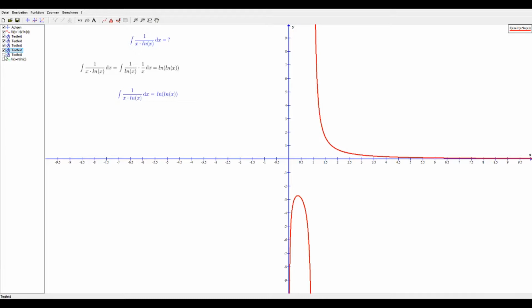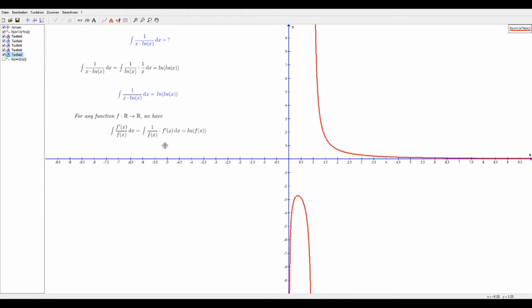And we kind of use this rule, if you want to say it like that, that for any function f from R to R, the integral of f prime divided by f is just the same thing as ln of f of x. Again, I don't really want to say rule, because that's kind of exaggerating. I mean, this is just really obvious.